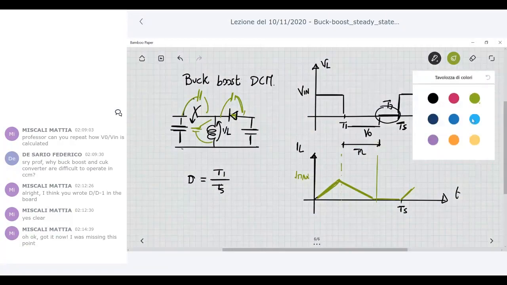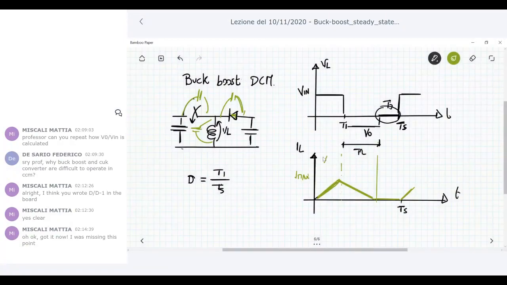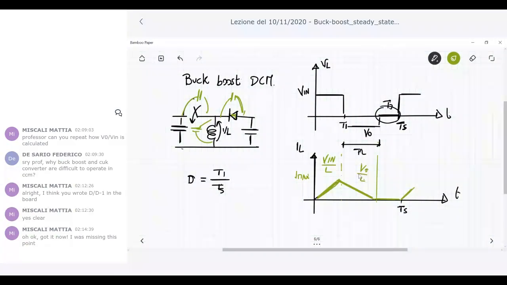So we have a slope which is V in over L. The slope here is V0 over L, standard derivation of the slope.